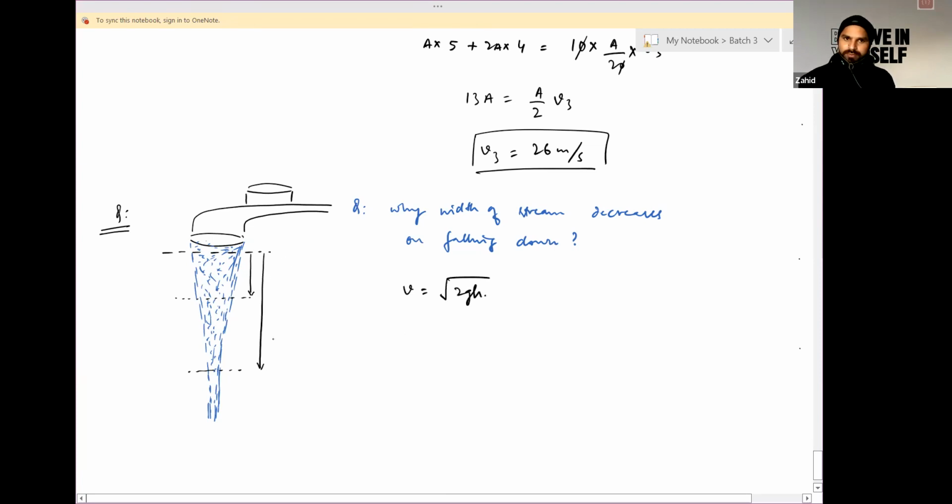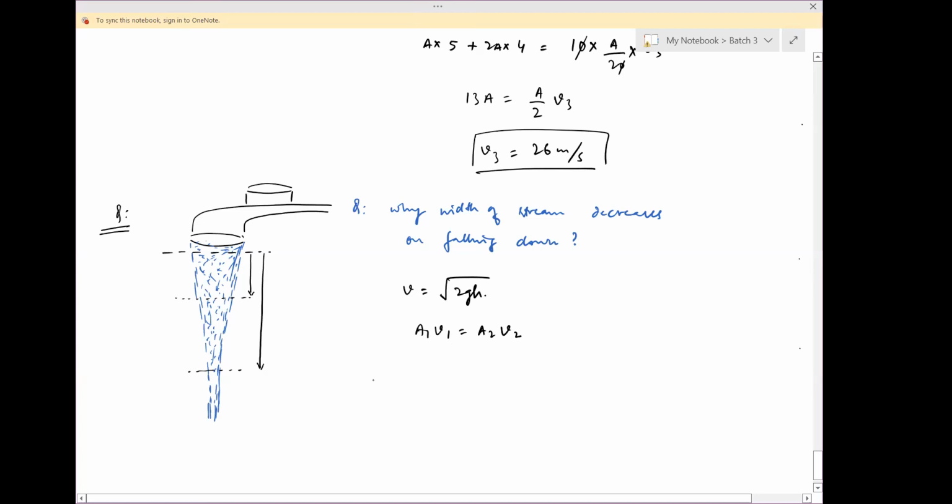On falling down, h increases, so velocity increases. And then according to the equation of continuity, a1 v1 should be equal to a2 v2. So as velocity increases, the area must decrease, so the width decreases. Is it clear? Yes, sir.